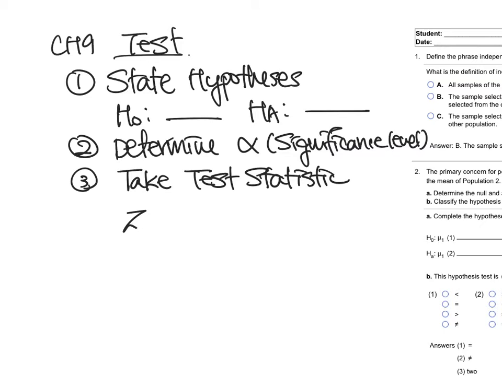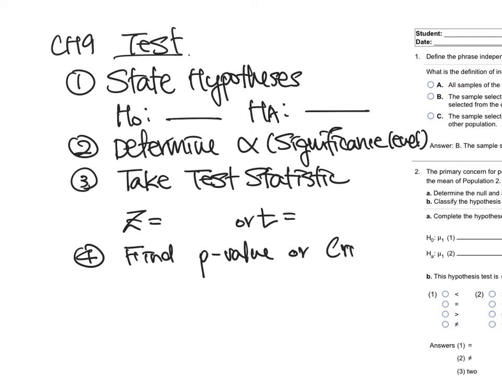We took the z with the sigma, or we took the t with the sample standard deviation. And step 4, we find a p-value or the critical value.